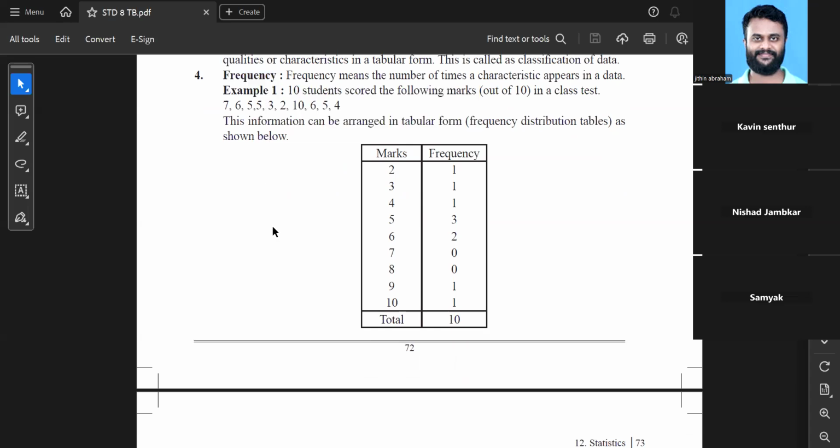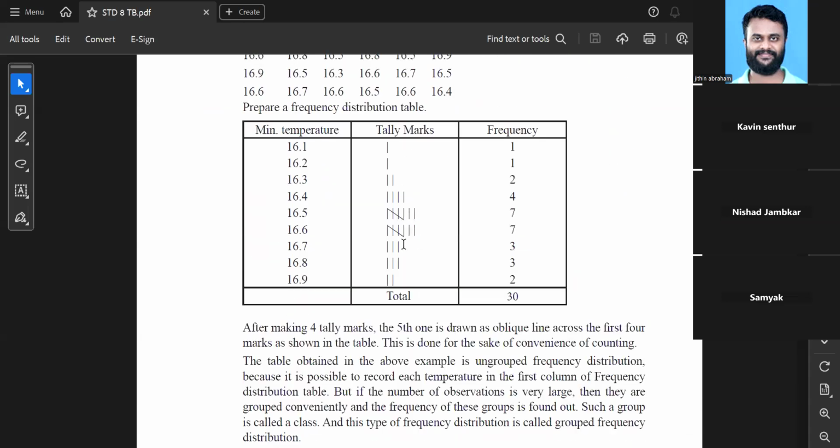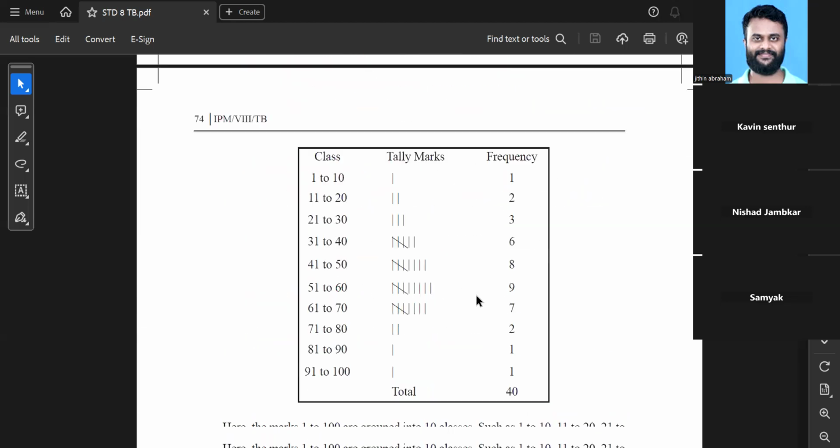What is frequency? If one particular data is repeated more than one time, we have to calculate how many times it is repeated. That number of times which it is repeating is called frequency. Using tally marks, we can calculate the frequency so that we don't make any mistakes.